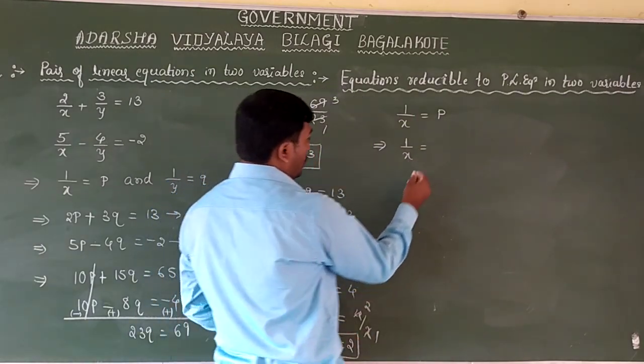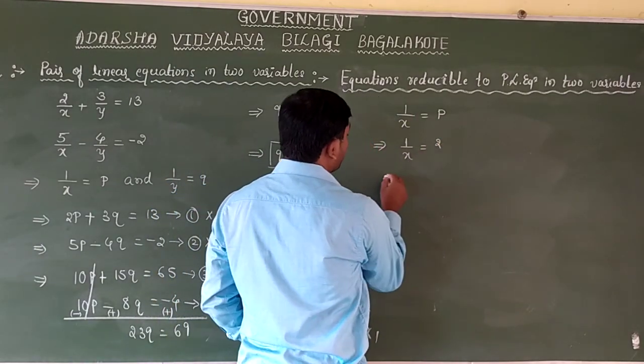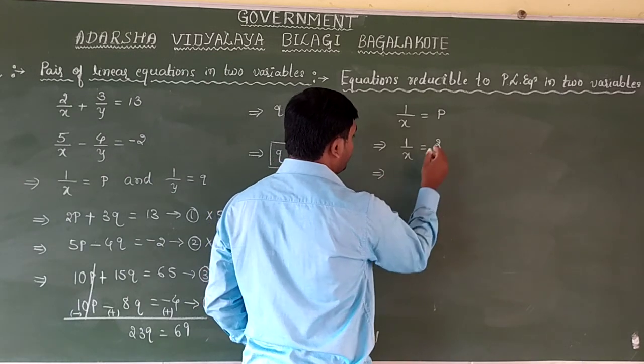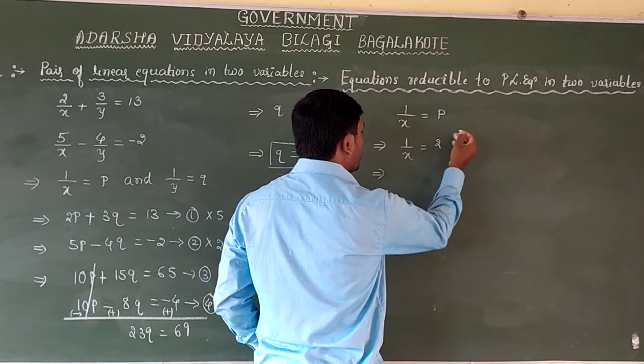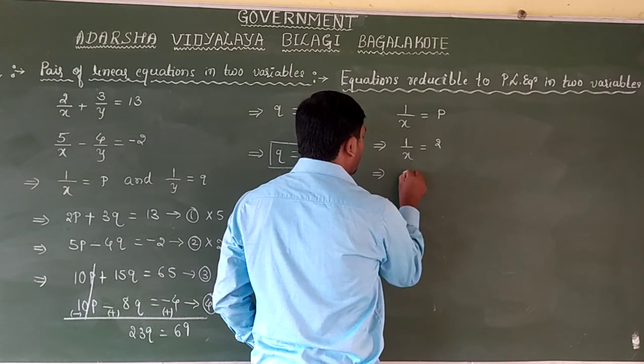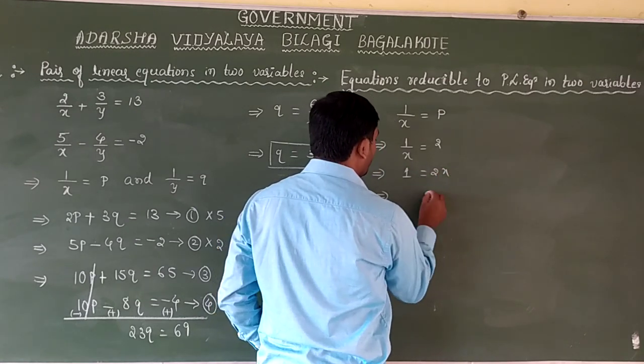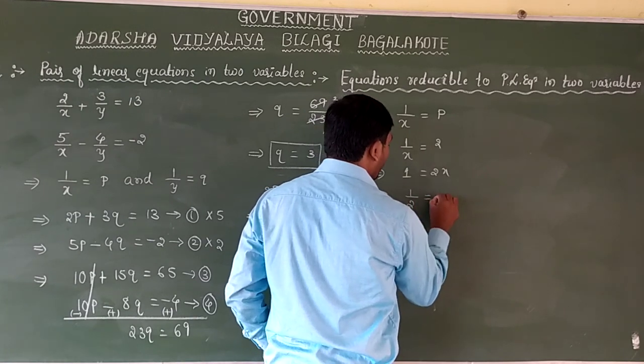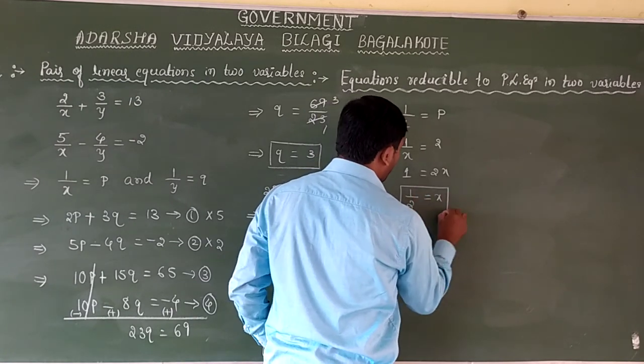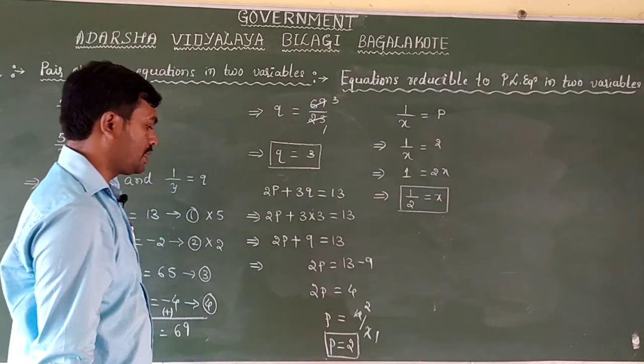Cross multiply these two, then it becomes 1 is equal to 2x, or x is equal to 1 by 2. x is equal to 1 by 2. This is the value of x.